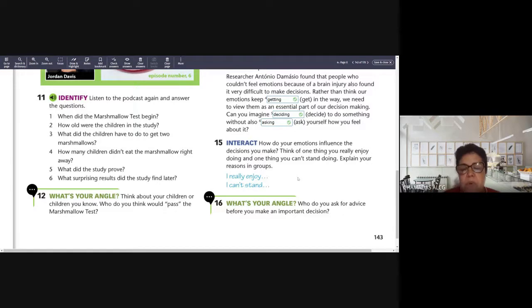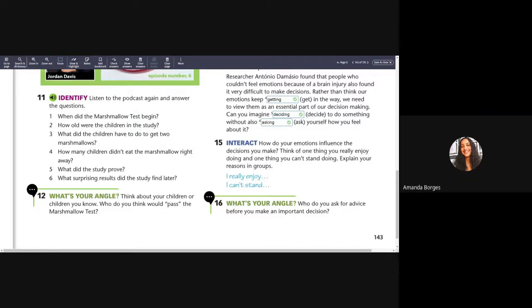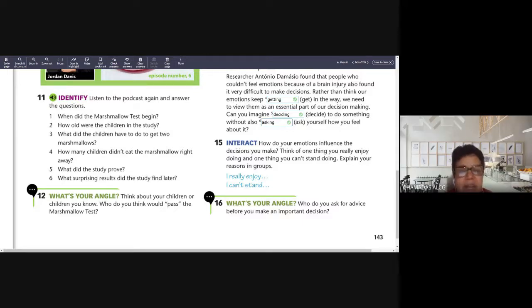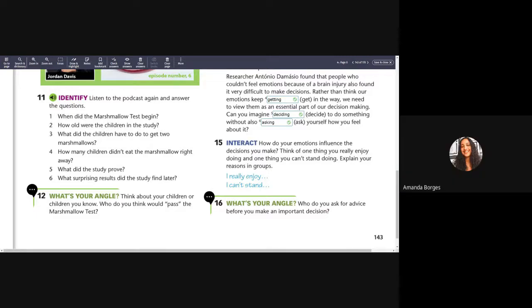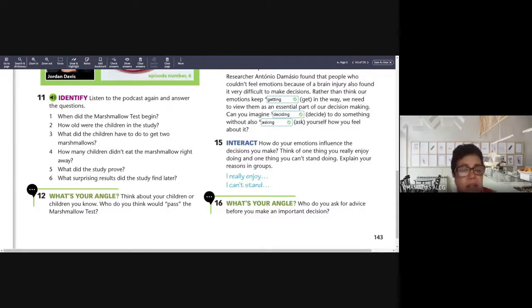So, for example, I really enjoy photography, pictures, but I don't like being photographed. I like taking pictures and I like looking at pictures, but from professionals, not from regular people.